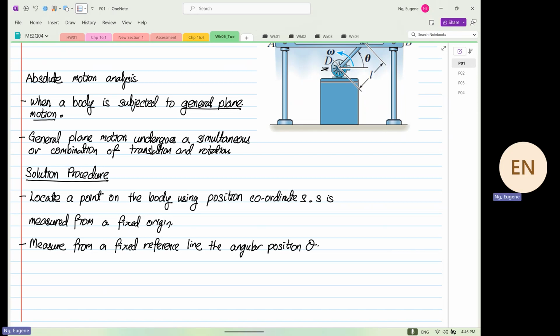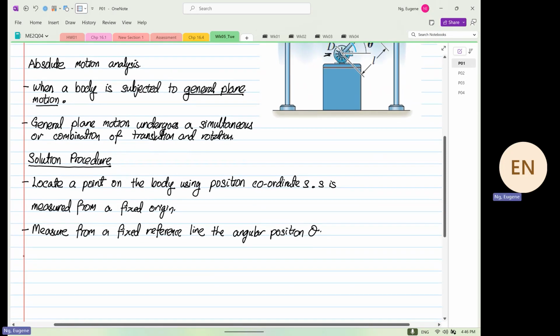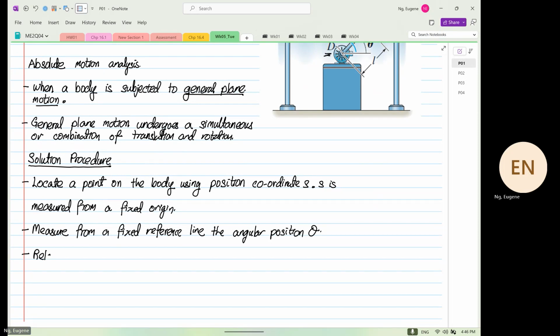The third thing we are going to do is relate S to theta, i.e., S is equal to a function of theta. So this is the easy part.